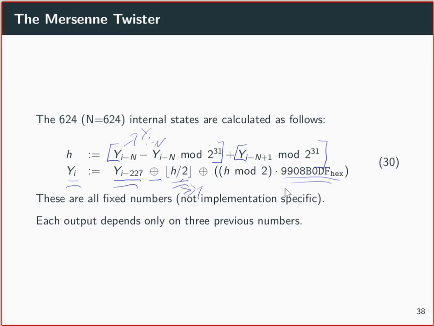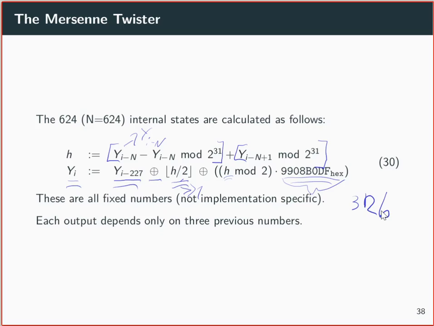So that's just a mathematical way of saying that if the last bit of H is set, if the last bit is 1, then we XOR this here with this constant as well. And as I've said, all internal states are 32 bits wide.